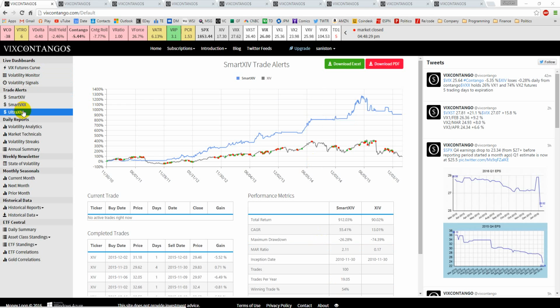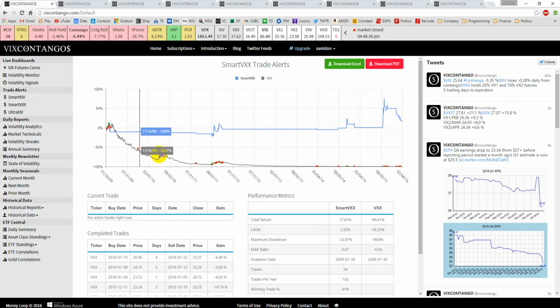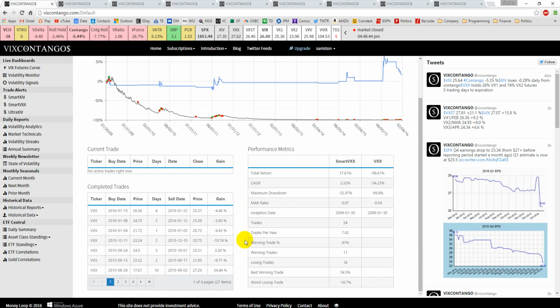There are also a couple of other strategies. There's the Smart VXX strategy. As you can see, it's been very difficult to find periods when the VXX has really outperformed, and it's really hard to catch because the VXX goes down all the time. If you look at this strategy, only 41% of the trades are positive.